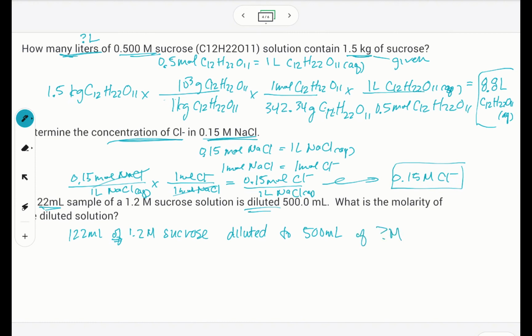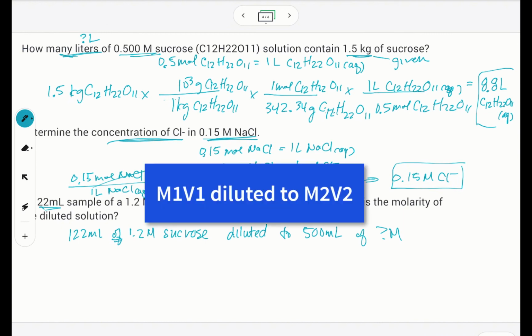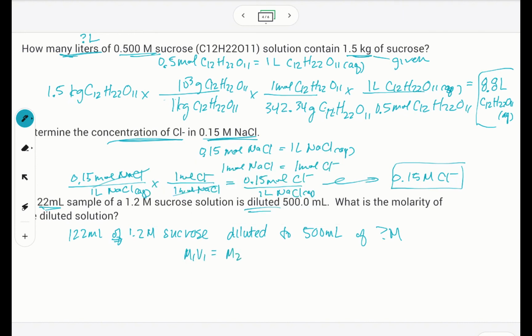And we can look at this as that diluted is where that equals sign comes in, right? We have our M1V1 and then diluted separates that from our M2V2. So we have 122 mils of 1.2 molar is equal to 500 mils of unknown molarity. And then we just need to solve for molarity using all the algebra skills we have accumulated over time.